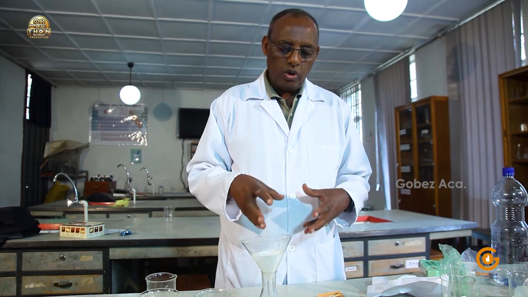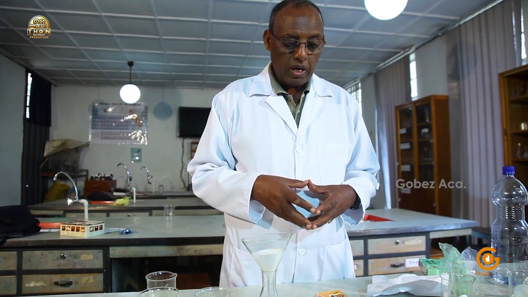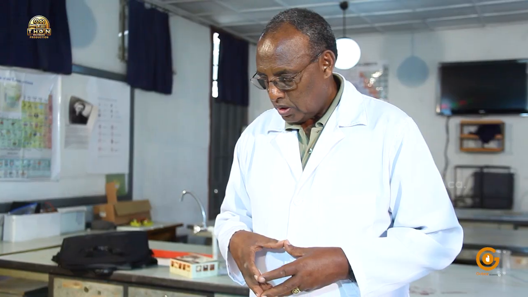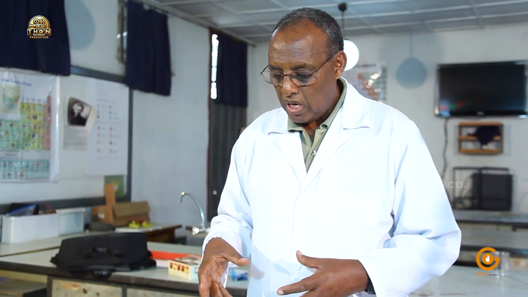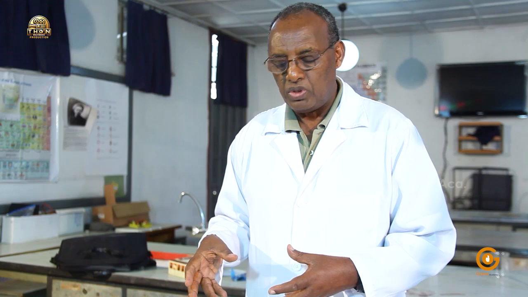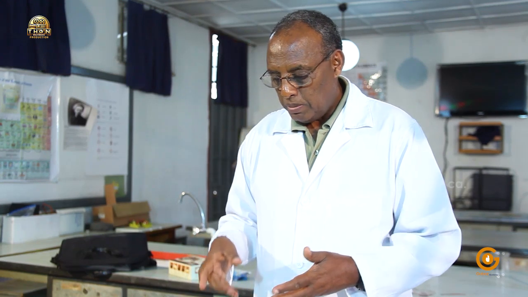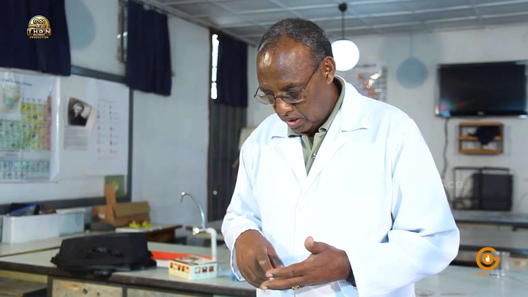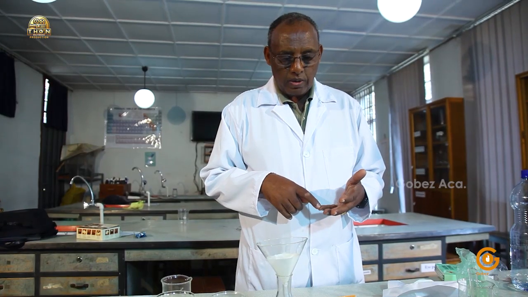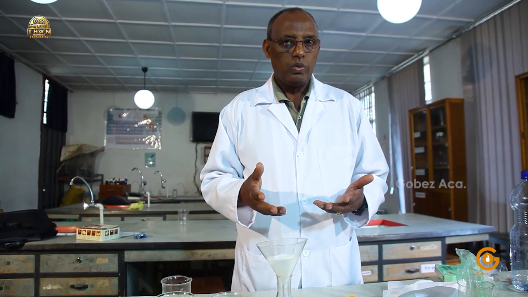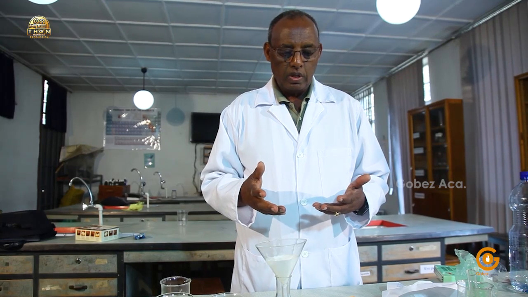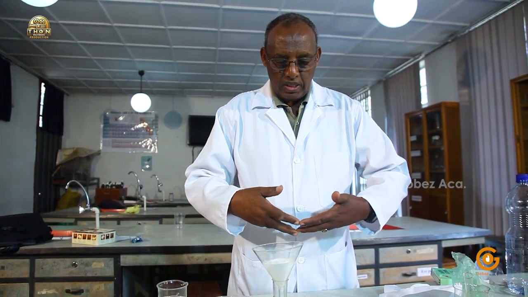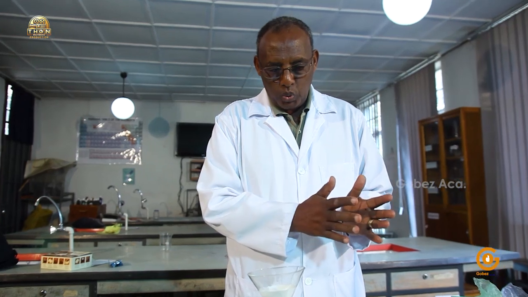If things do not dissolve in water, they don't become useful. So it is important to know how we can dissolve a substance in water by increasing the temperature, by stirring, or by grinding, which is a means of increasing the surface area, which increases the contact between the solvent and the solid.